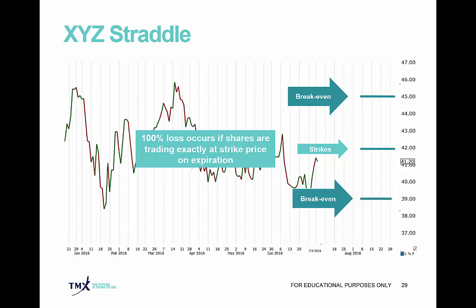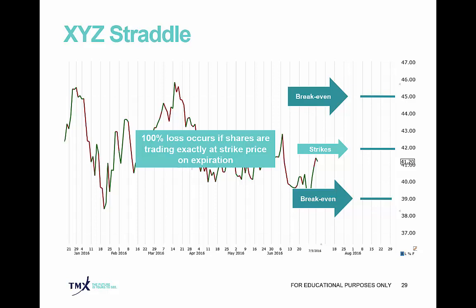If we take that $3 and add it to the 42, the stock needs to be above 45 for the call to hold a $3 intrinsic value and offset the loss in the put. On the other side of it, the shares need to be at least 39 for the puts to have a $3 intrinsic value and offset the cost of the calls. Anything above or below those levels equals profit.